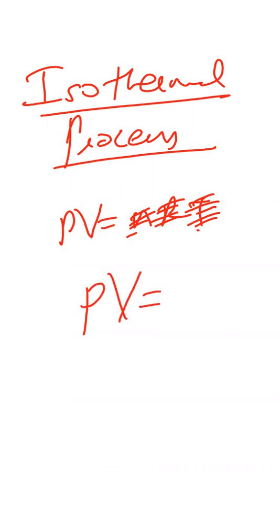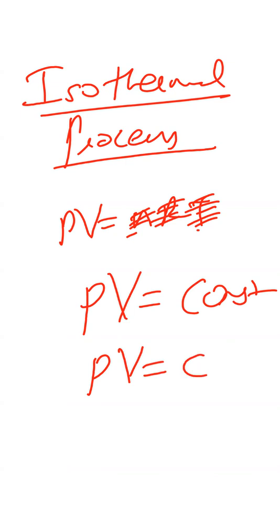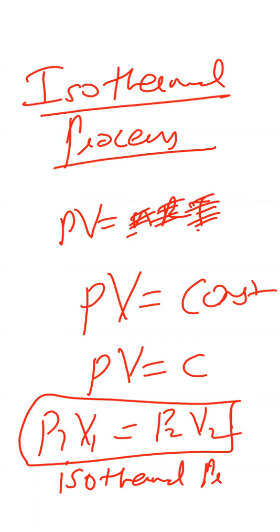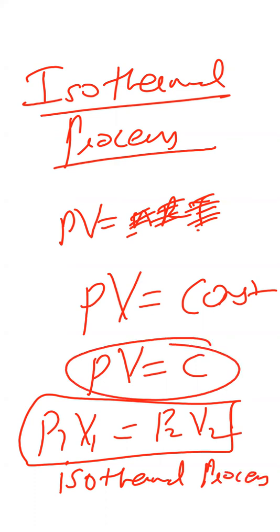That means the product of P and V is constant. PV equals constant. If you go from state 1 to state 2, then P1V1 equals P2V2. This is the equation for isothermal process.